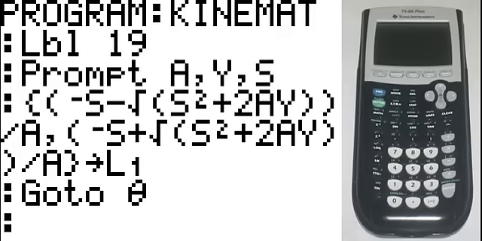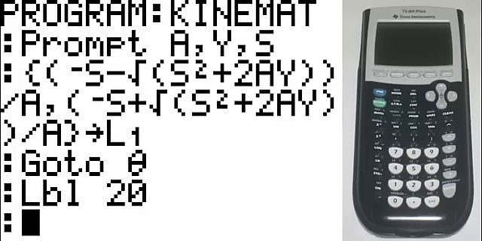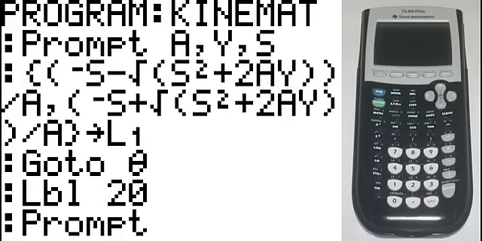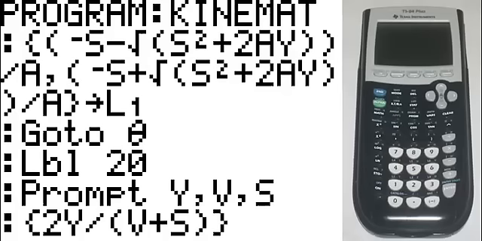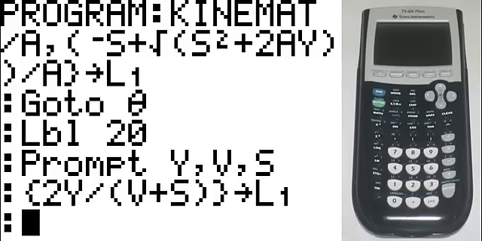Go to theta. Label 20. Here prompt the variables y, v, s. In squiggled parentheses, 2y divided by, in parentheses, v plus s, end parentheses, and squiggled parentheses, that goes to L1.